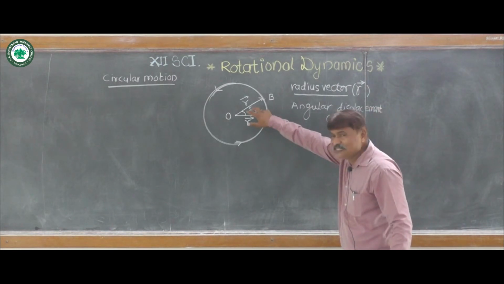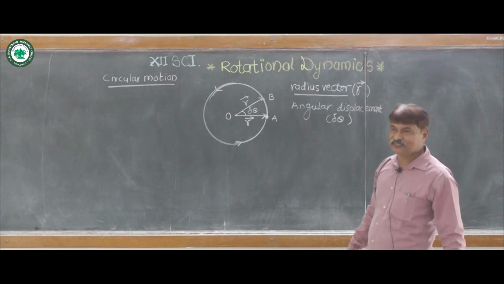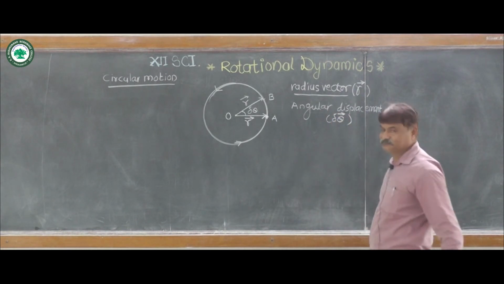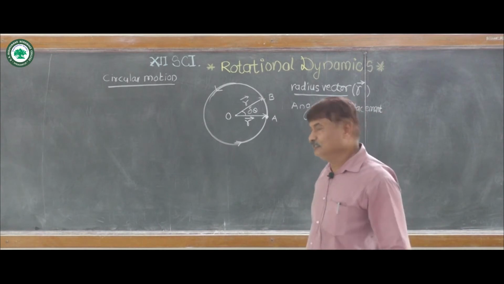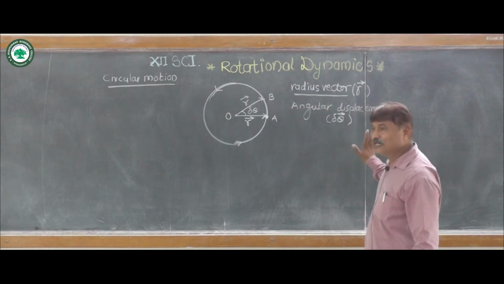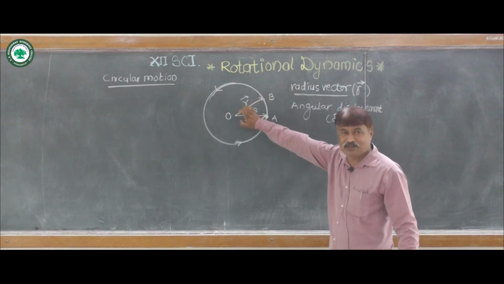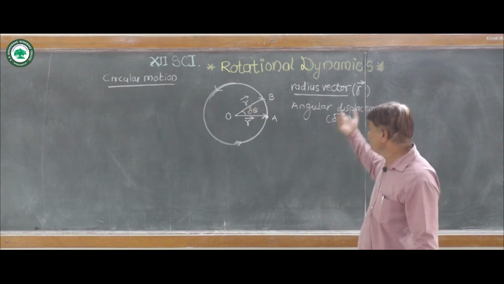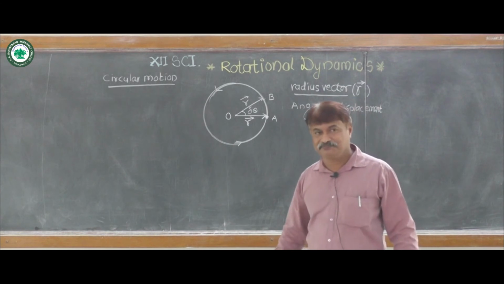If this angle is very small, then angular displacement is a vector quantity. This angular displacement is a vector when this angle is very small. If this angle is large, then this quantity becomes scalar.